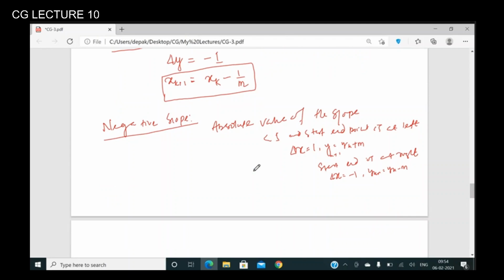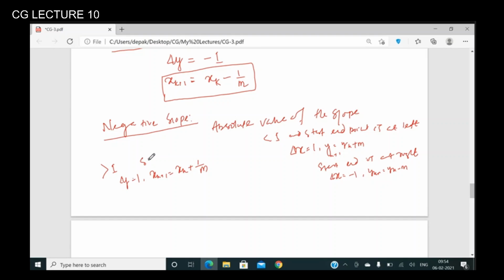And for the other 2 cases, where the slope is greater than 1, you again have to check whether the start end point is at left or not. If it is left, then del y is equal to 1 and x of k plus 1 is equal to x of k plus 1 by m.